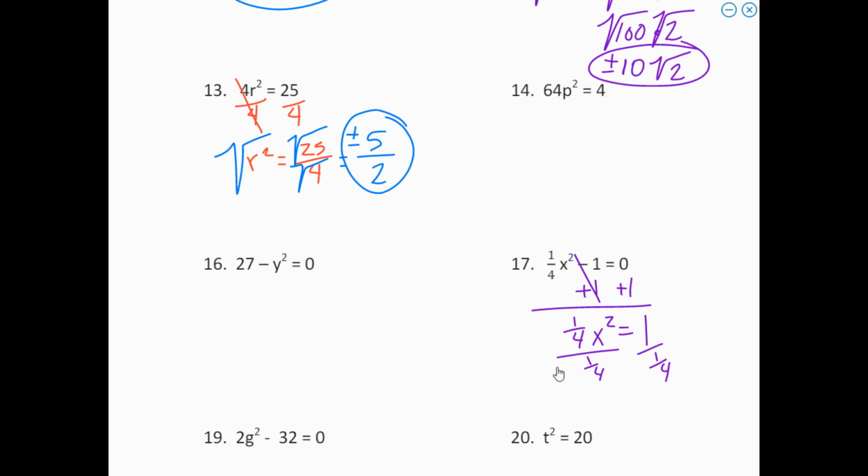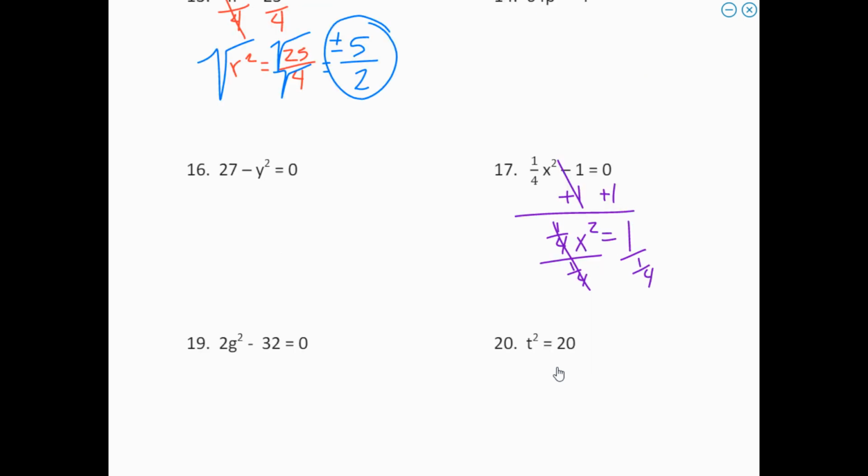That's what you're doing when you're dividing by a fourth. So I have x squared equals 4. Square root of both sides, so plus or minus 2.